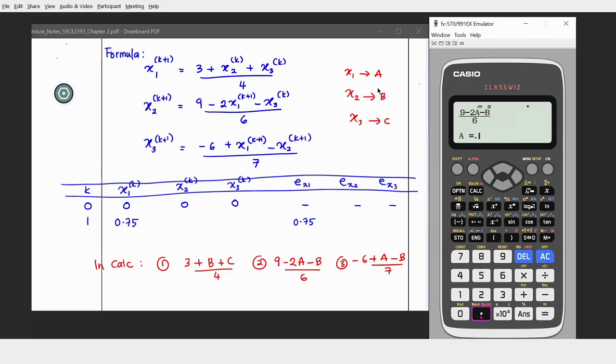So you put 0.75 immediately. Okay. And what is the B? B is your x2. You don't have B at the current stage yet, meaning that you need to put the previous B, which is 0. So you put 0. So 5 over 4, 1.25.